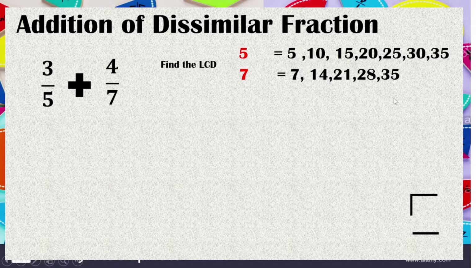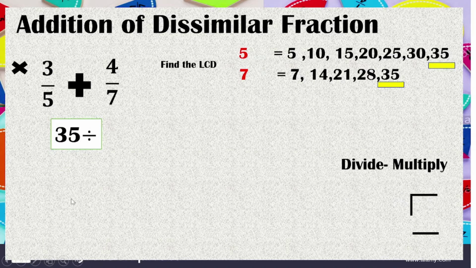So, ano kayang LCD ng 5 and 7? We have 35. Since diyan sila nag-meet, gagamitin natin as a new denominator ang 35 dito sa dalawa. So, 35 and 35. Ito na yung magiging bagong fraction natin. We are going to use 35 as a new denominator.